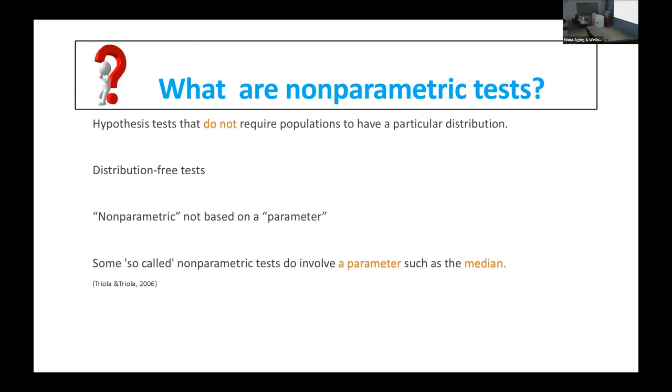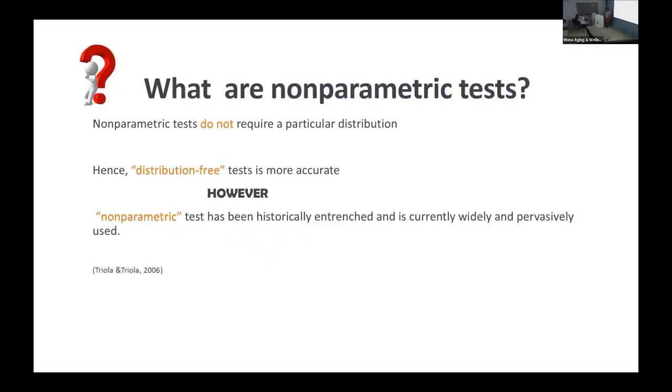Because of that, the best term to describe these tests would be distribution-free tests. Non-parametric gives the impression that no parameter is involved, which is not entirely true, because some of these tests are based on a parameter, such as the median. We didn't use the median as much last semester, but you'll use it a lot this semester.